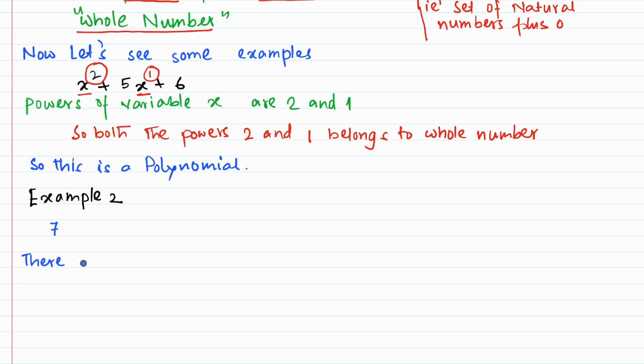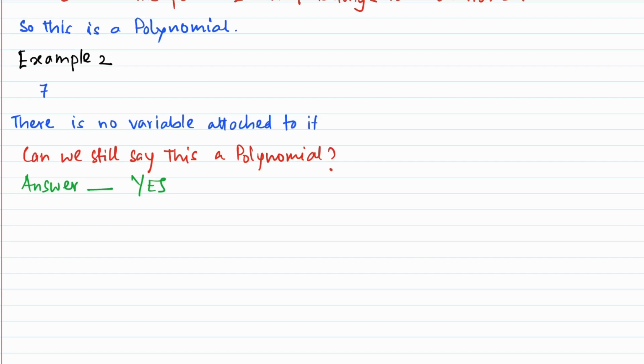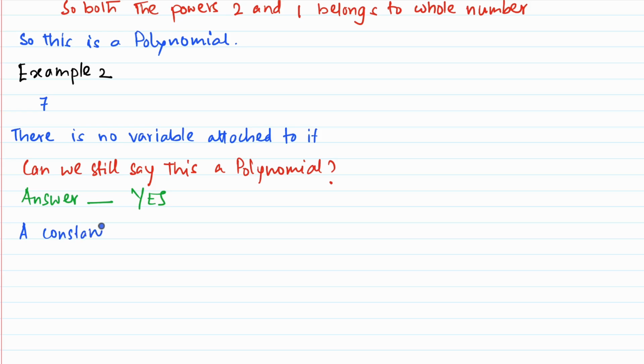Now we'll take example 2: 7. There is no variable attached to it. So can we still say this is a polynomial? The answer is yes. This is a polynomial. Let's clearly explain why.